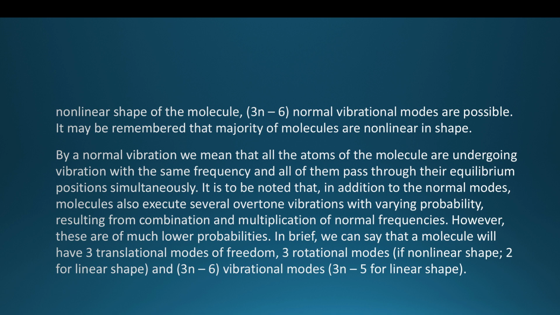By a normal vibration, we mean that all the atoms of the molecule are undergoing vibration with the same frequency and all of them pass through their equilibrium simultaneously. It is to be noted that in addition to the normal modes, molecules also execute several overtone vibrations with varying probability resulting from combination and multiplication of normal frequencies. However, these are of much lower probabilities.